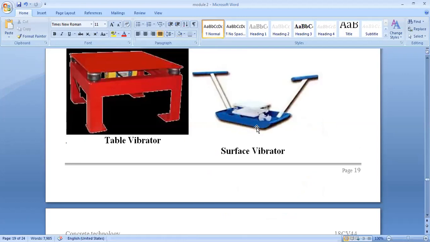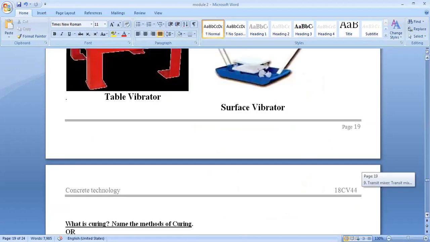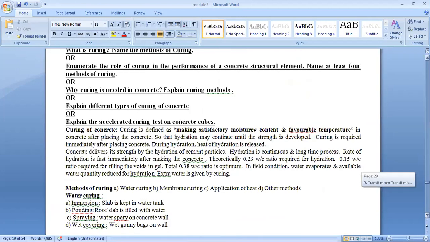Here we place it and apply the vibrations. It is used for roof slabs, floor slabs, and road surfaces. With this, we completed the compaction of the concrete, and the last process will be the curing method.